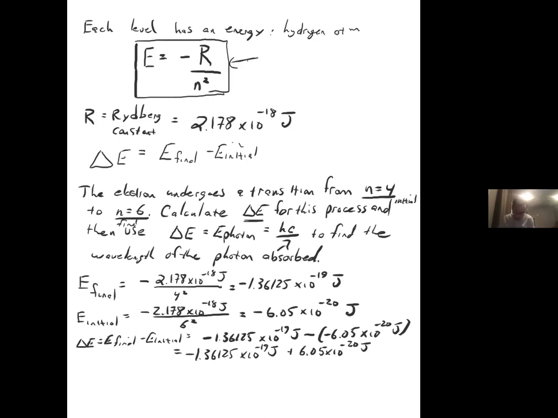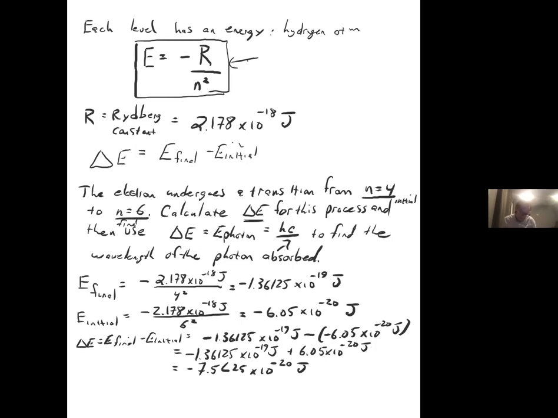So 1.36125 times 10 to the minus 19, make that a negative, plus 6.05 times 10 to the minus 20. And I get negative 7.5625 times 10 to the minus 20 joules.